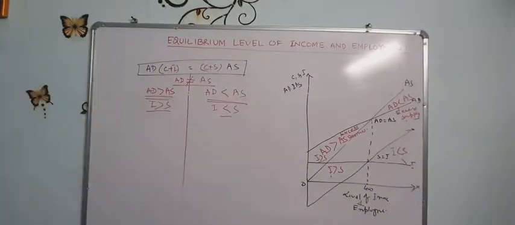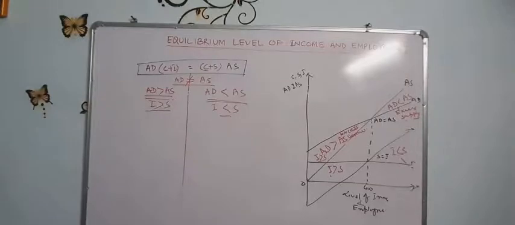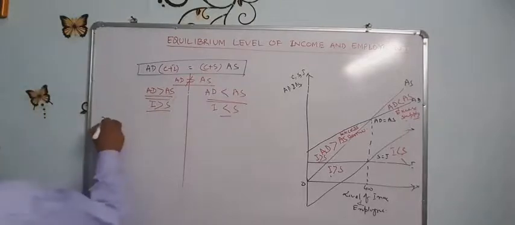Now think about it with these diagrams. What will the conditions be? When AD is more than AS, there is more profit to the entrepreneurs.